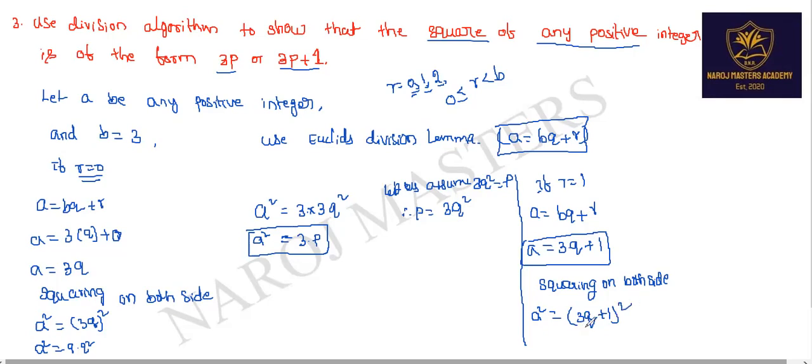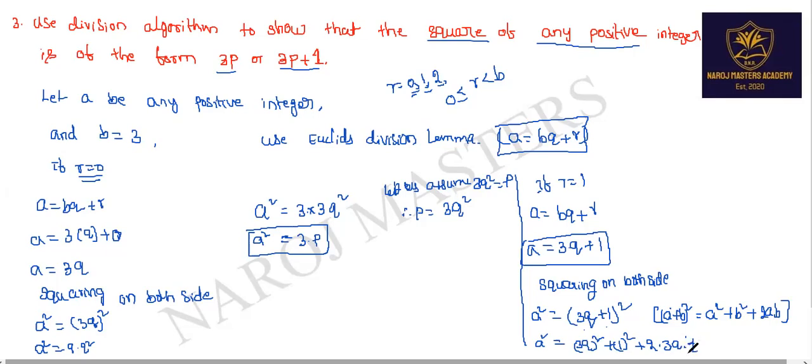Look, see here, it is in the form of a plus b whole square. You know the formula of a plus b whole square, right? So a plus b whole square is equal to a square plus b square plus 2ab. Write in that form now. So a square means 3q whole square, plus b square is 1 square, plus 2 into a, meaning 3q, into b, meaning 1.